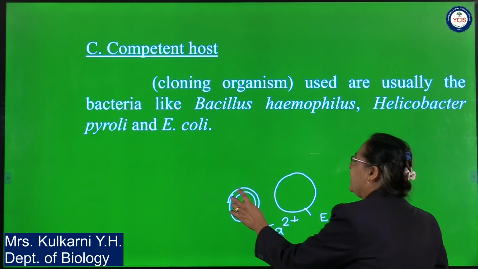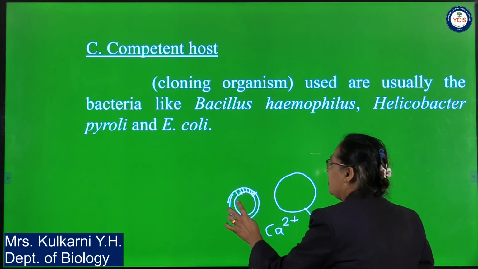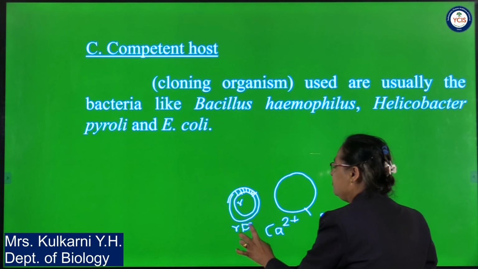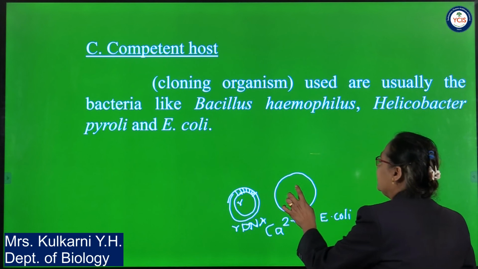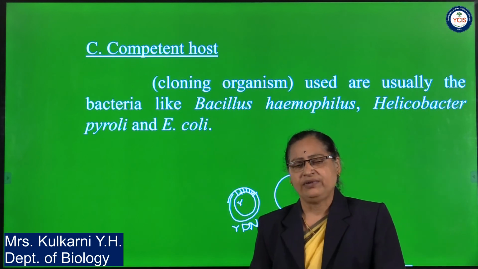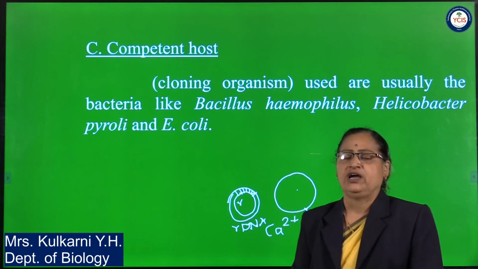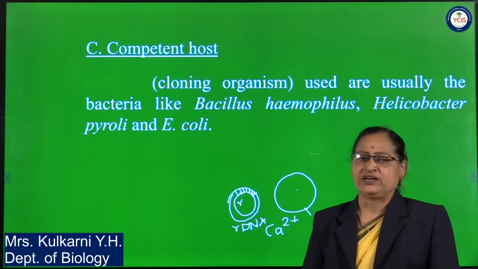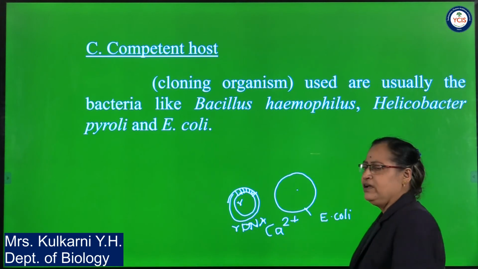Means this plasmid along with the desirable gene, this is the rDNA, and rDNA can be inserted into this E. coli bacteria. So this is called competent, and specially used competent hosts are E. coli bacteria. What is this E. coli bacteria?